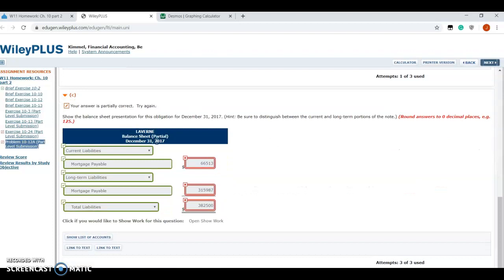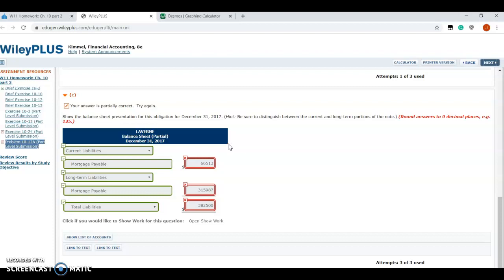Okay. All right, moving on to Part C. Part C is asking us to do a partial balance sheet for our liabilities section based on December 31st of 2017. Okay, so the first thing we're going to do is our current liabilities, and we are going to have a mortgage payable here, and then our long-term liabilities underneath that, also with the mortgage payable, and then underneath that is our total liabilities.